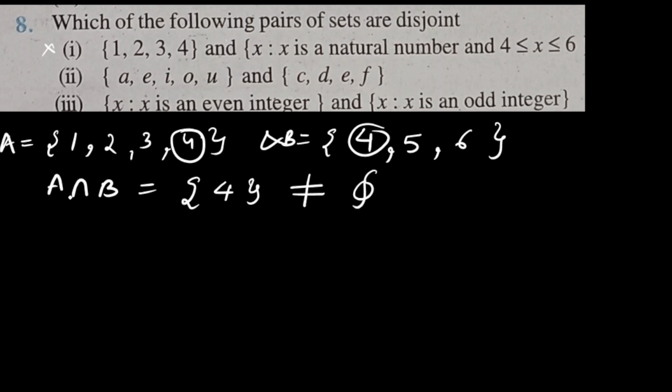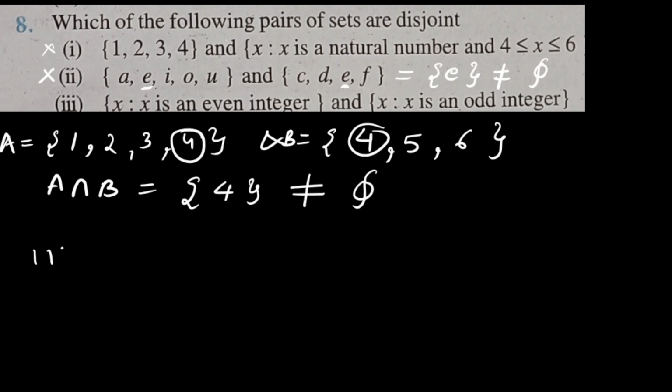Let's find the intersection of both the sets again. A is there in the first one, here it's not there. E is there in the first and also in the second set. So their intersection is E, which is also not equal to the empty set. That means the second part is also not an example of disjoint sets.